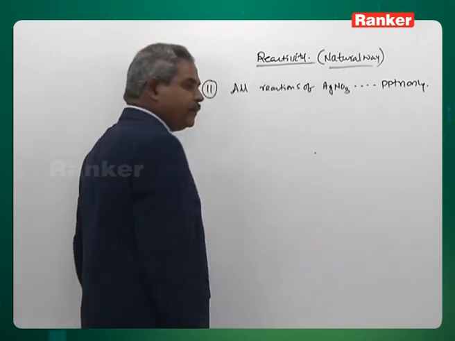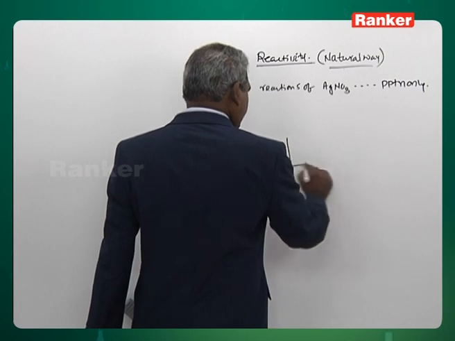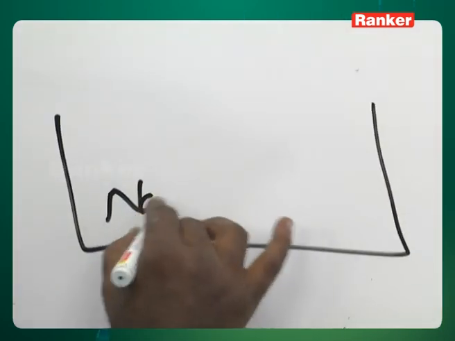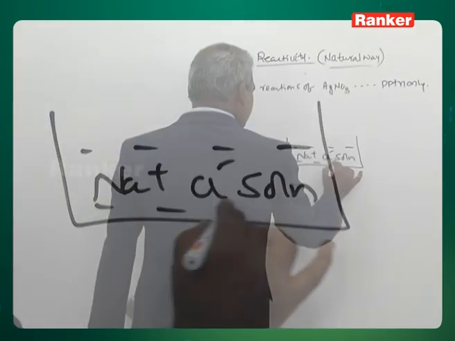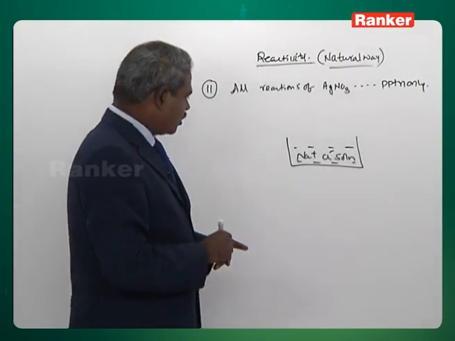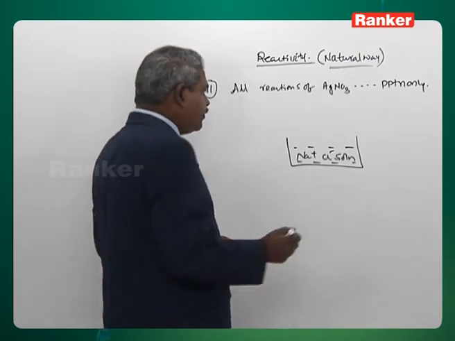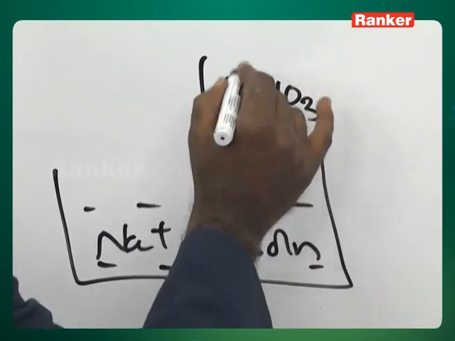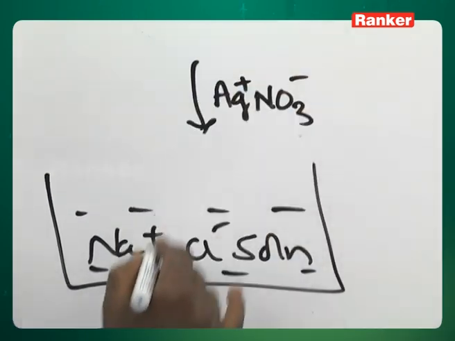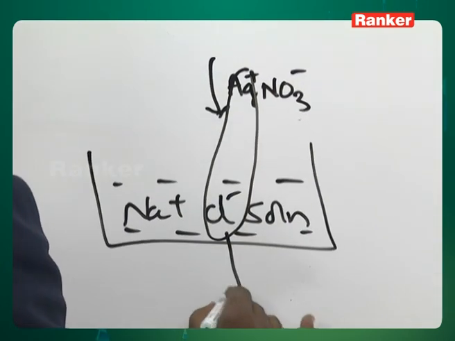It only precipitates others. For example, suppose you have a solution of sodium chloride. In a solution, you know the salt will be in ionic form, Na plus and Cl minus. The moment you add silver nitrate solution to that, what will happen? You are adding silver ions and nitrate ions. Silver chloride gets precipitated.